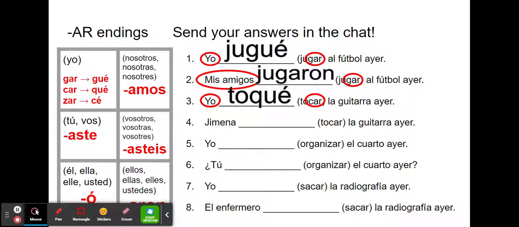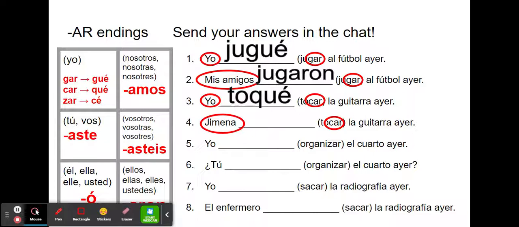Let's look at number 4. Jimena tocar la guitarra ayer. So now we're saying Jimena played the guitar yesterday. And again, I noticed this is a CAR verb, and the subject is Jimena. So that's not yo. So I'm not going to use the irregular version. Jimena is a girl. We're talking about her. So, well, she's a person.